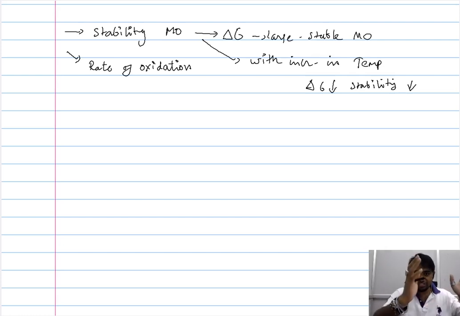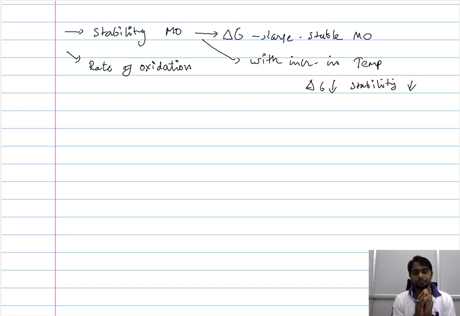One is the stability of the metal oxide, which is dependent on the metal, and this can be understood by the amount of the free energy change that is experienced during the formation of the metal oxide. Based on this understanding, you can choose the alloying element in order to enhance the corrosion resistance of a given metal. Secondly, when you talk about the influence of temperature on the stability of the metal oxide, we saw the change in the free energy decreases with increase in the temperature. That means the stability of the metal oxide for a given metal decreases with the increase in the temperature.